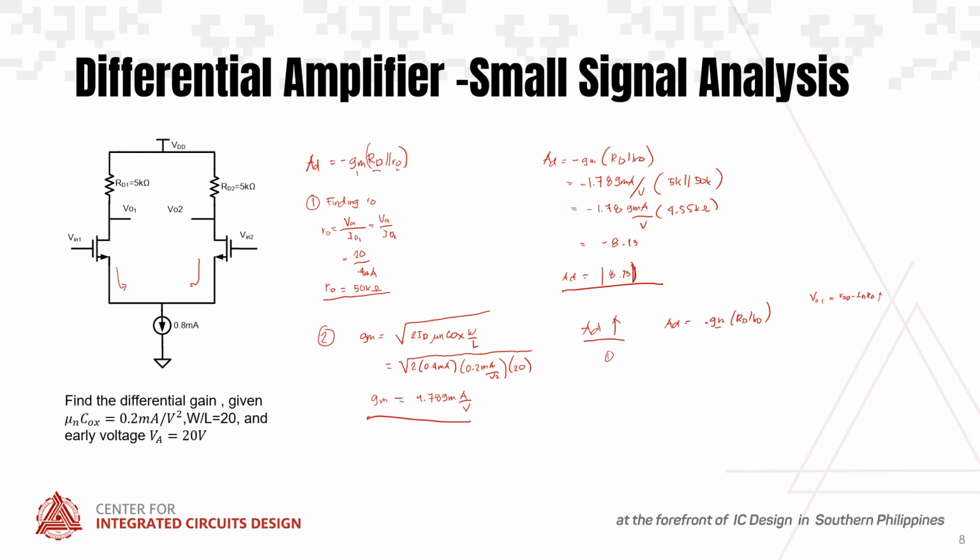So in order for the MOS to still work in saturation, normally we increase the VDD. Because if we increase RD, the drop here increases, and this would compromise the VDS and make this MOS linear.